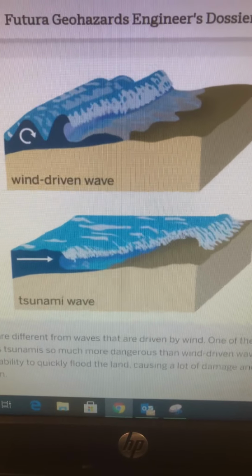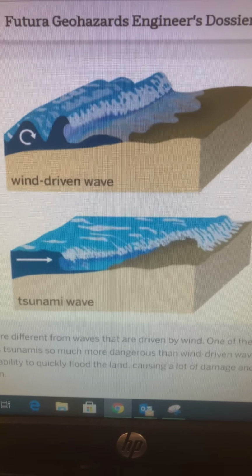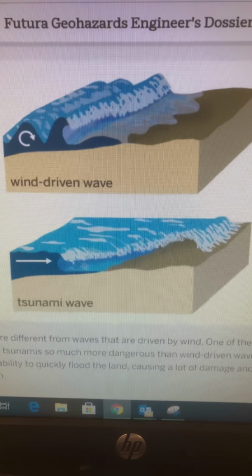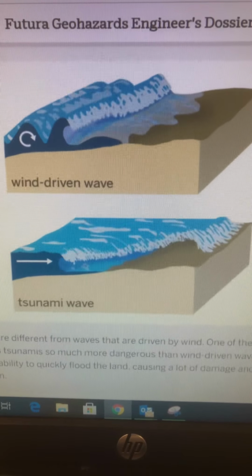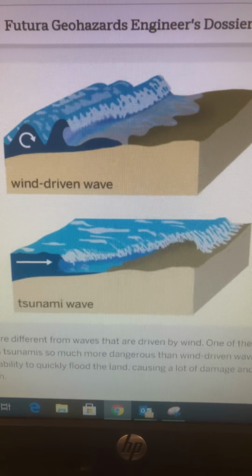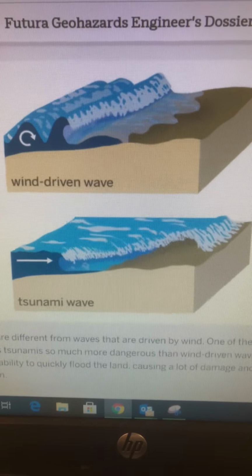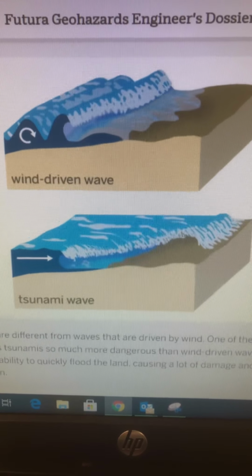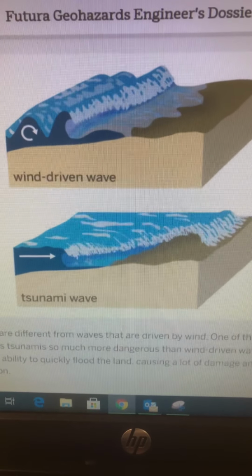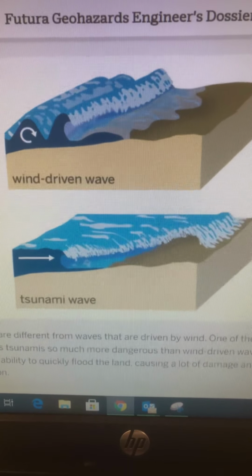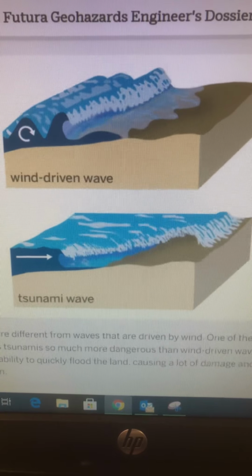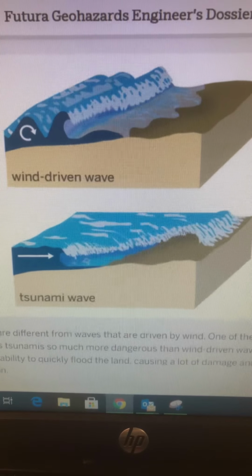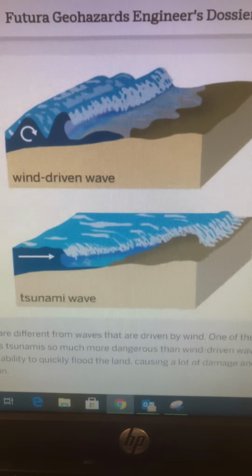You can see that in this diagram, the tsunami wave is a bigger wave, and it might not look like it in the diagram, but it's taller on average too, whereas the wind-driven waves are shorter wavelengths and they roll up on shore. Tsunami waves are so big that in this diagram you can't see that there's more waves out in the ocean coming, because they can last much longer since their wavelengths are much longer.